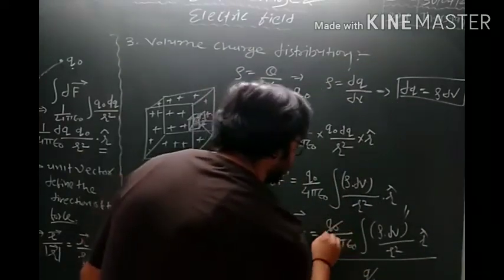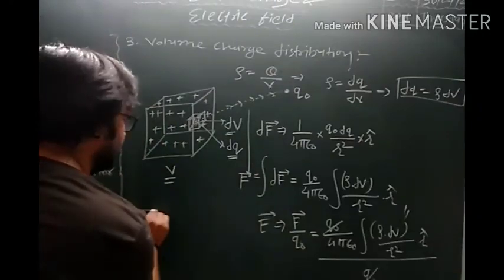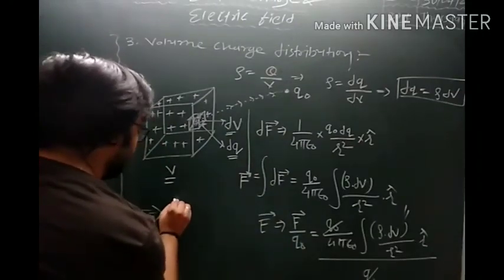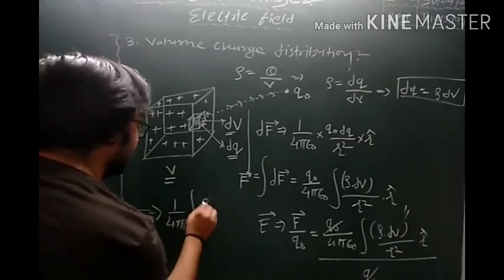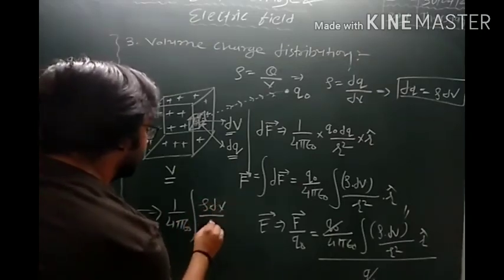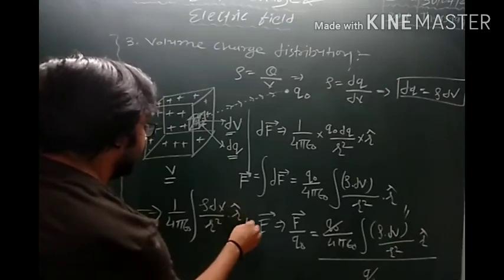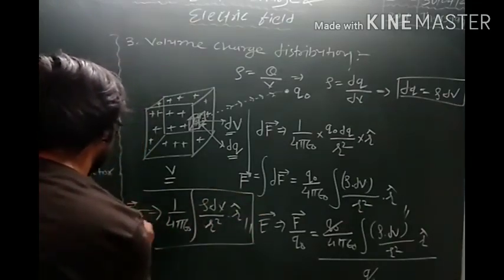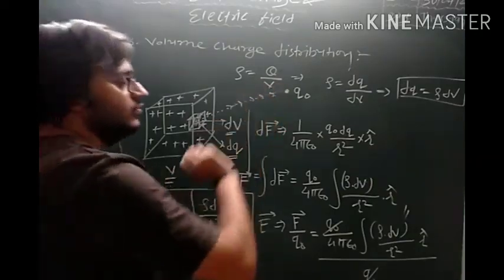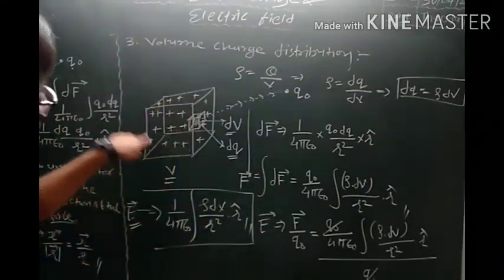So Q naught is cancelled. So finally we get the equation 1 upon 4 pi epsilon naught, integration of rho into dV upon r square into r cap. Okay, this is our final electric field on the Q naught charge due to this volume.